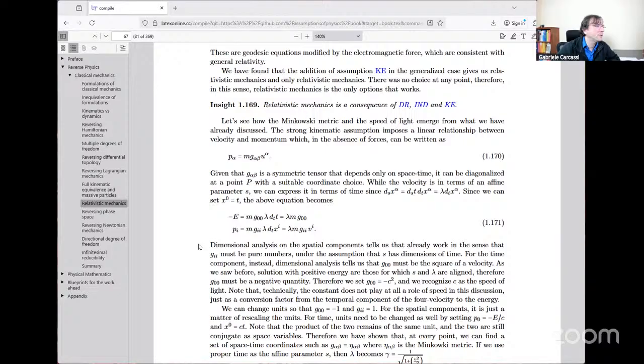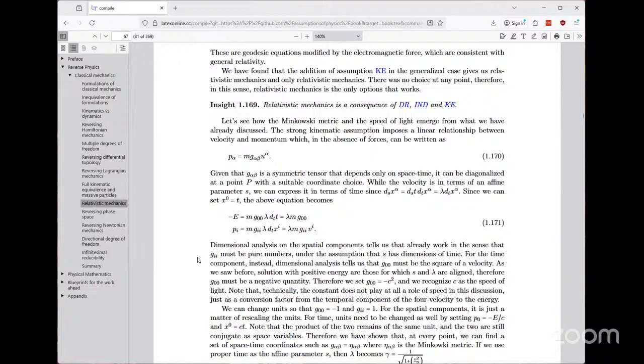I don't understand what I was trying to say here. Okay, let's continue the paragraph and see if I can decipher what I was thinking years ago.